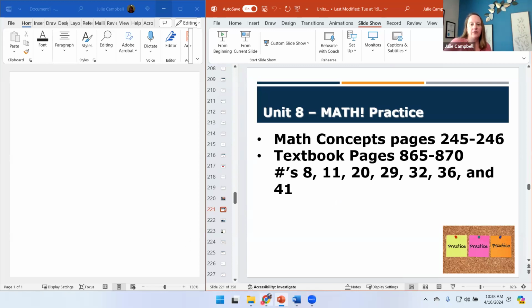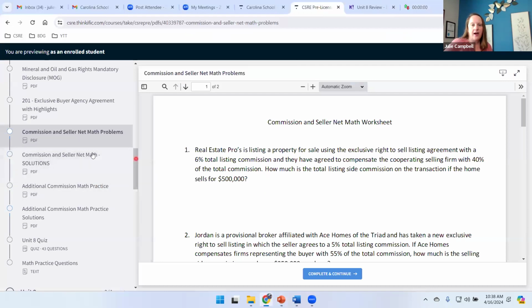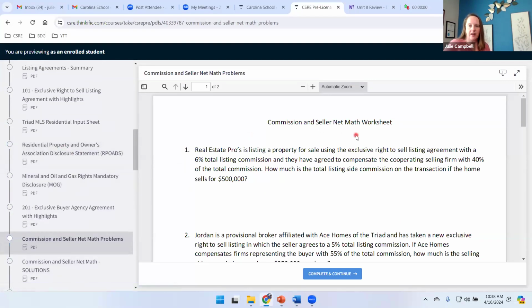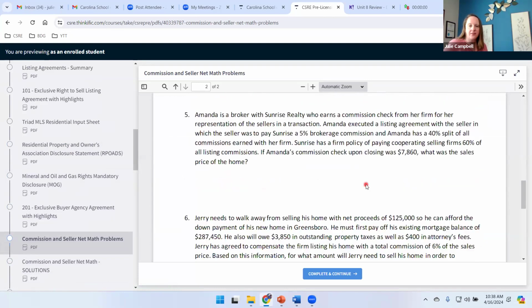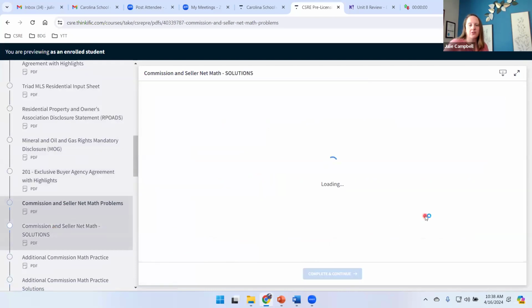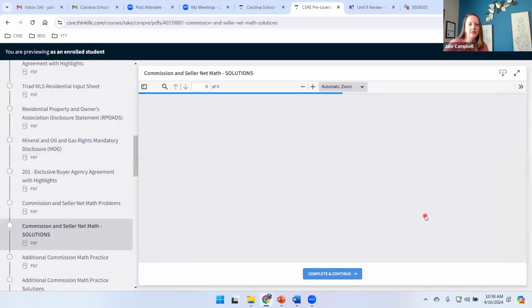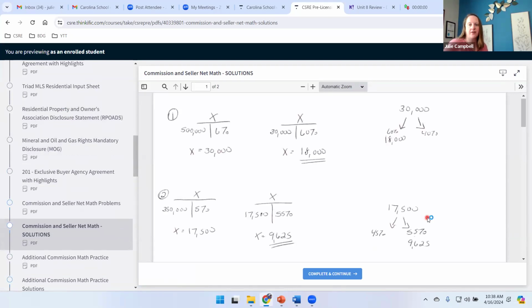And then in the online learning system, we have a commission and seller net math worksheet. It walks you through some of the different maths. Graduated commission is in here. And then, of course, we have the solutions for you. Studying the solutions doesn't do you any good. Just use it to grade yourself to see how you did.